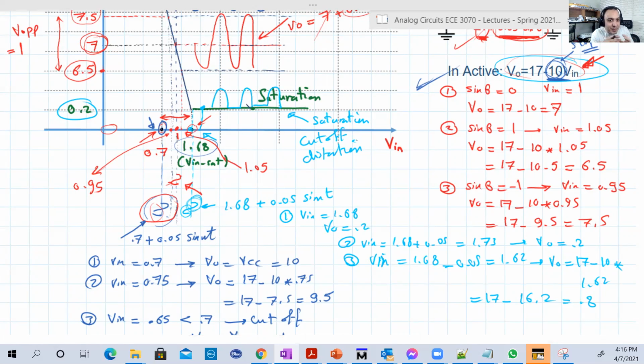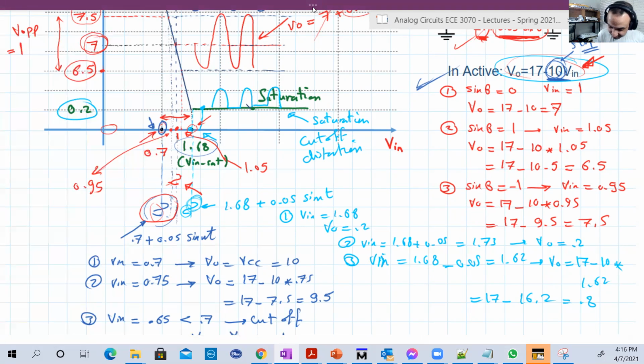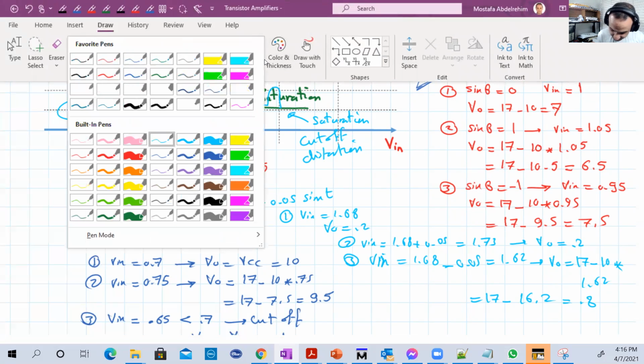So basically, the best way or the best operating point to use the transistor as an amplifier is to put it in the middle of the active region. So let's write this down.